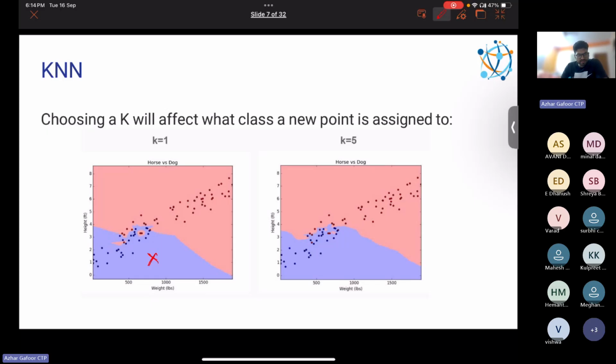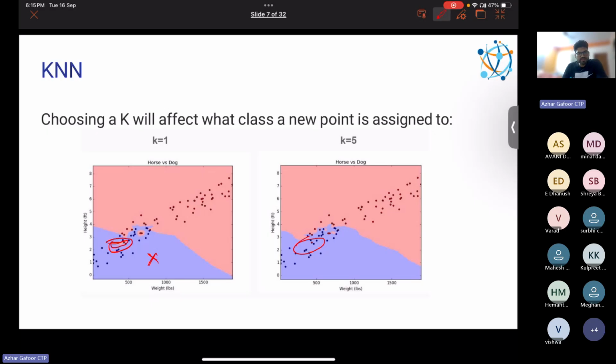Whereas when the k is increased to 5, we can see that the patterns have changed. So earlier there were some areas where we can see the horses inside the dogs cluster. But when we move to k is equal to 5, those areas are missing.